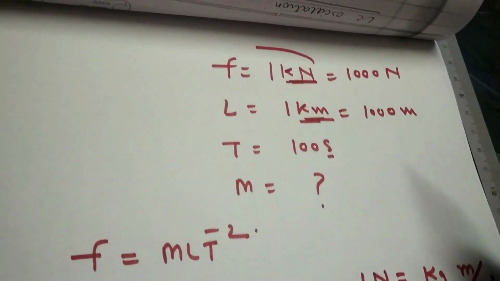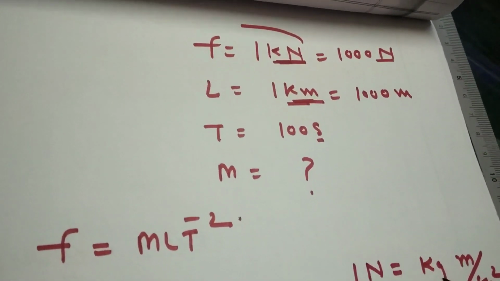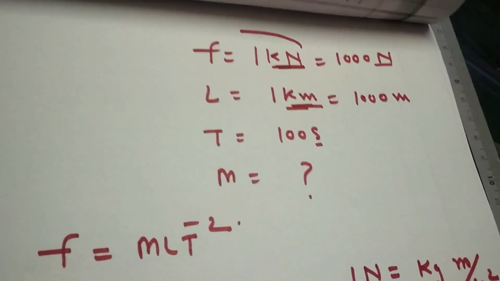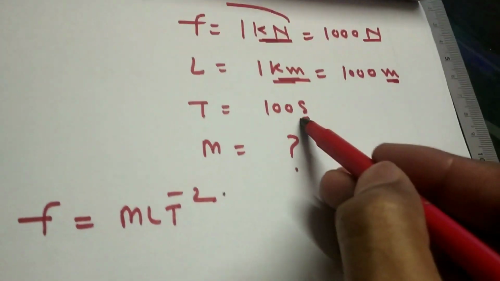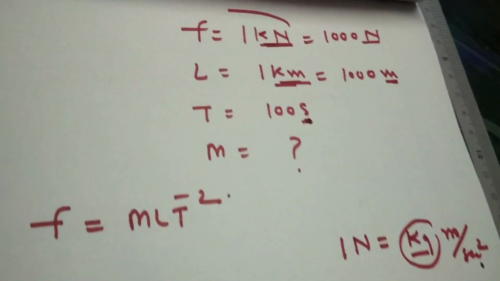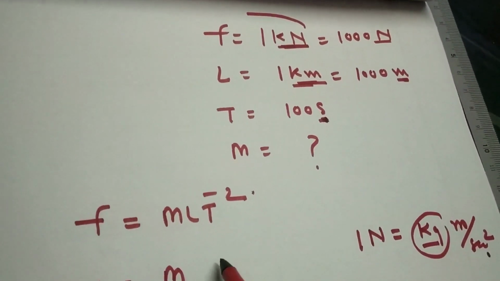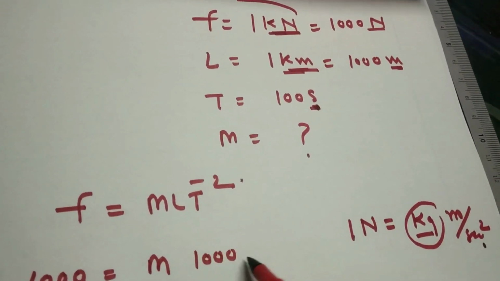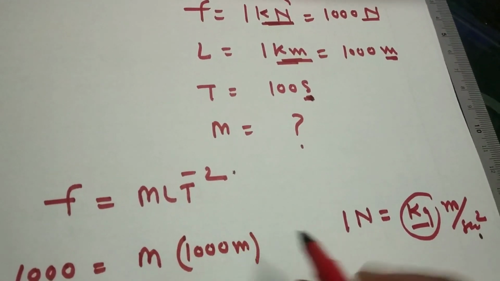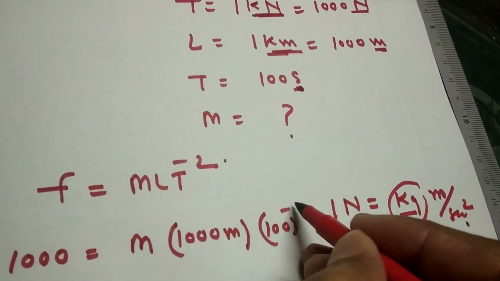Clear? So Newton is 1000, Newton is kilogram meter per second square. Length is converted into meter, time is already given in second. So mass you can calculate in kilogram. M you have to find. L is 1000 meter and time T is 100 second.